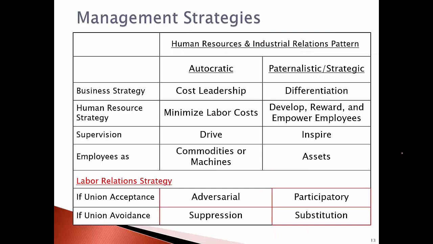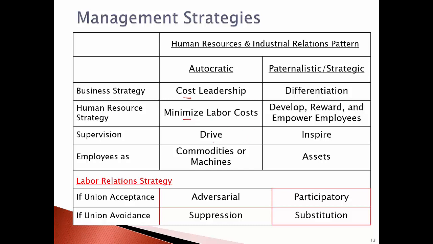We're going to focus on only two management strategies, one that's autocratic and another that is paternalistic/strategic. These are really the two ends of the spectrum from each other. The business strategy in an autocratic setup is focused on cost. The whole goal for the company in the human resource branch would be to minimize labor costs.